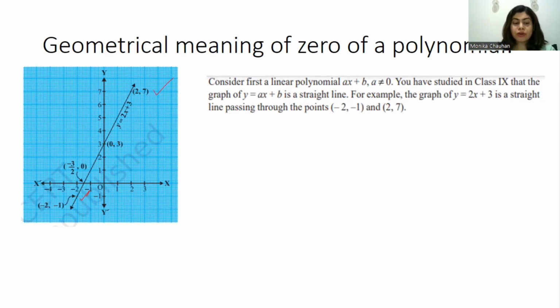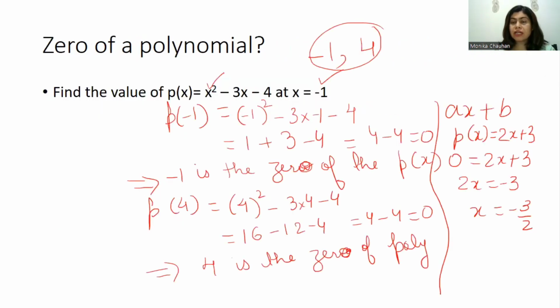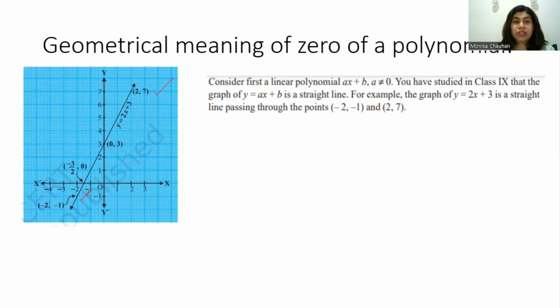Right? Now, do you remember that just now in the previous slide, I showed you that x is equal to minus 3 by 2 for the linear polynomial? Now we will see whether it makes sense. So y equals 2x plus 3. Can you see that this line intersects the x-axis between minus 1 and minus 2?